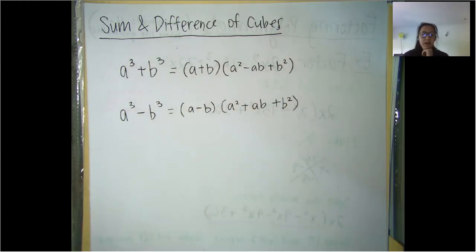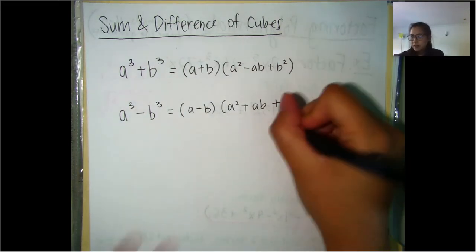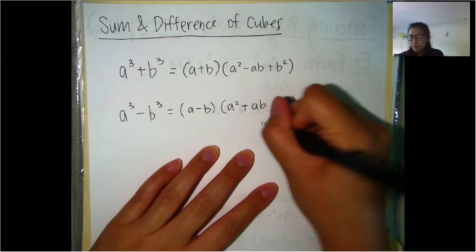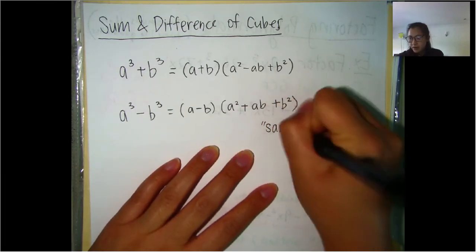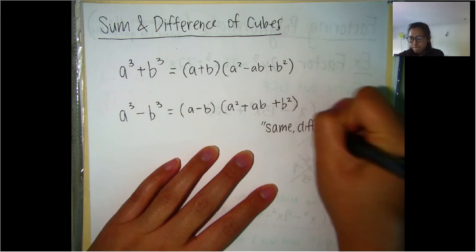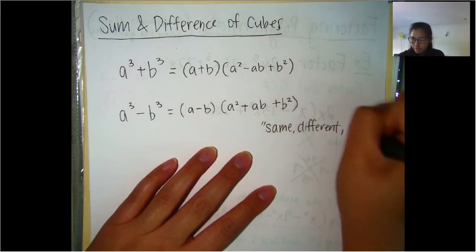Okay, so what I like to do in my head when I'm doing a sum and difference of cubes is remember the signs, because that's what gets mixed up the most often. The little saying or mnemonic I have for it is same, different, plus.